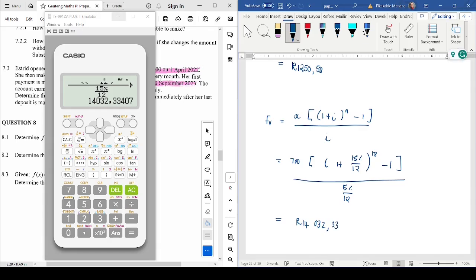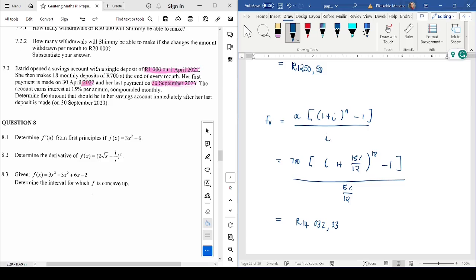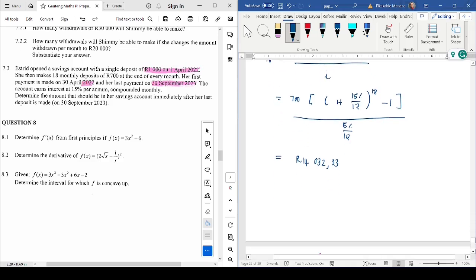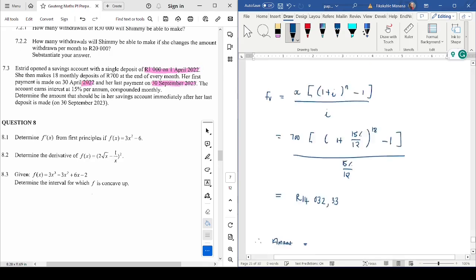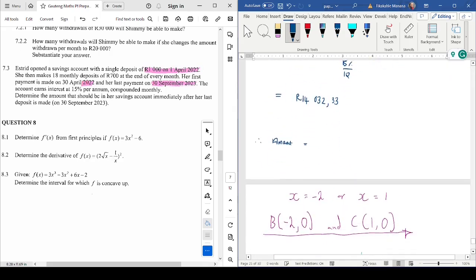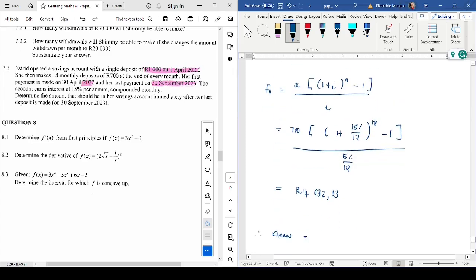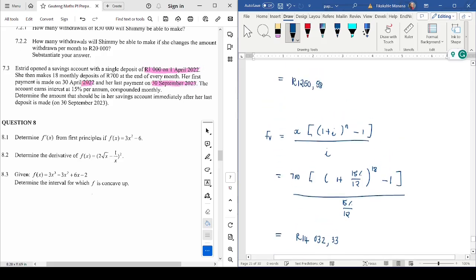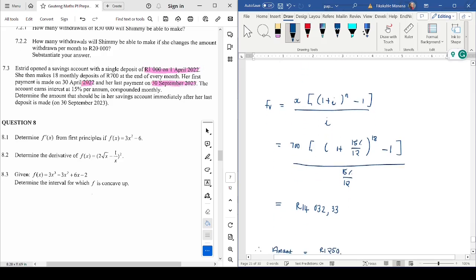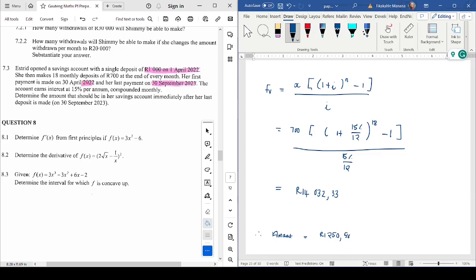Okay, so at the end, the amount that should be in her savings account after her last deposit would be, so let's just say the amount would be the, I think 1,250 we had initially. 1,250.58 plus the 14,032.